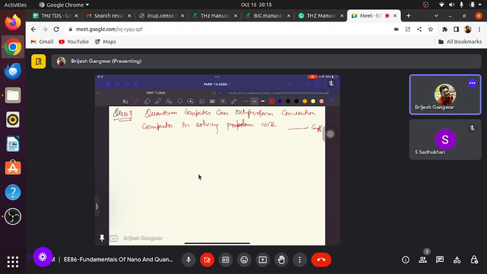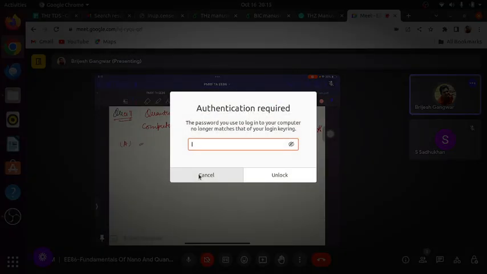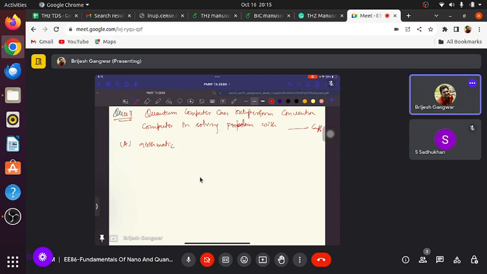Complexity. So A is arithmetic, B is geometric, C is polynomial, and D is non-polynomial.